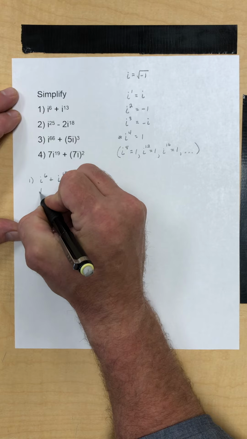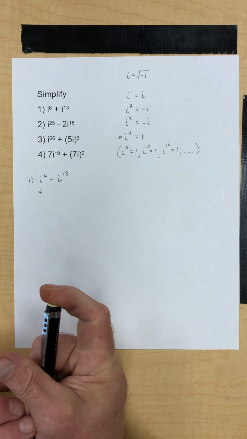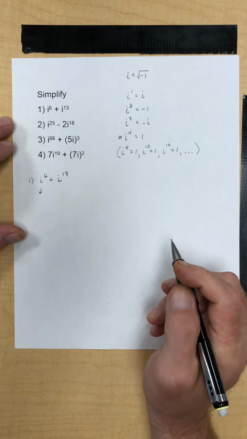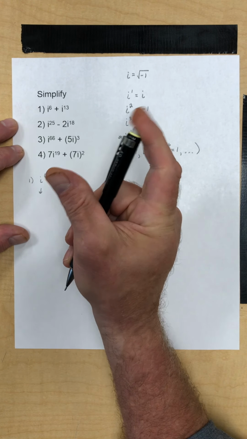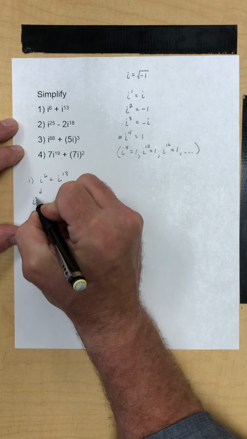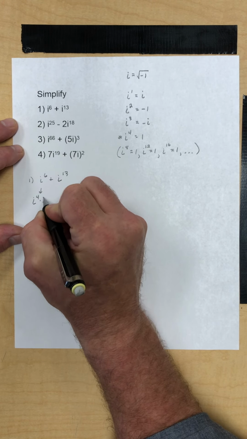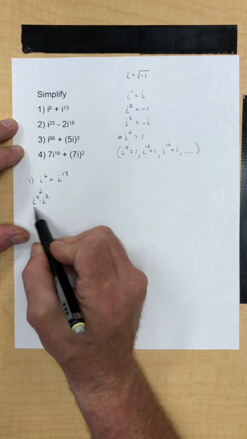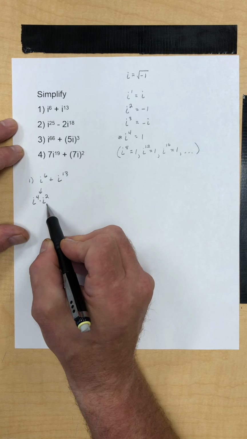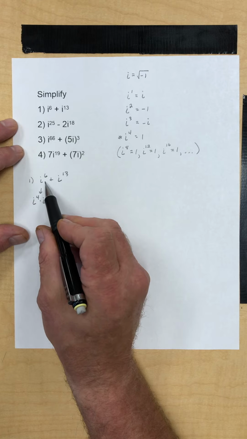For this one, I ask myself, what's the largest multiple of 4 that's less than 6? That would be 4. So I can write i to the 6th as i to the 4th times i squared. The bases are the same, so I add the exponents and get i to the 6th.